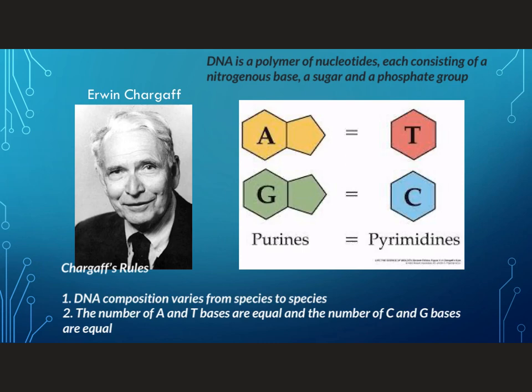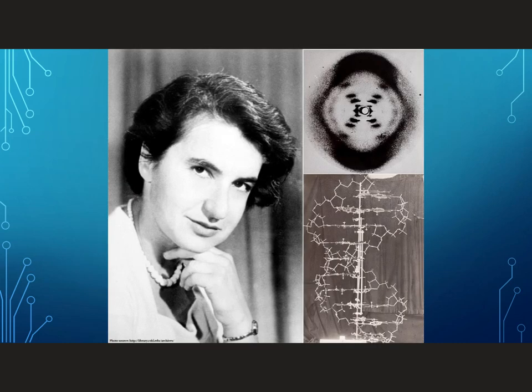This second rule was a very important finding because it helped Watson and Crick determine the double helix structure of DNA. After DNA was finally accepted as the genetic material, the challenge was to determine how its structure accounts for its role in heredity. Maurice Wilkins and Rosalind Franklin were using a technique called X-ray crystallography to study the molecular structure.